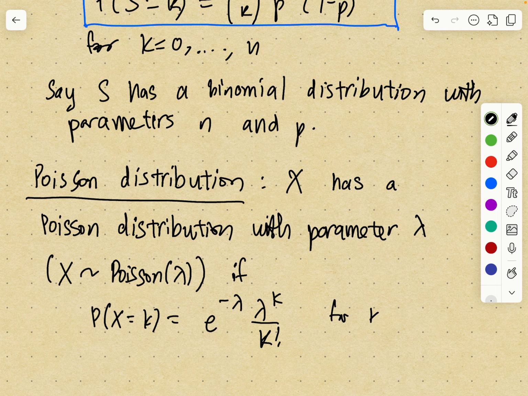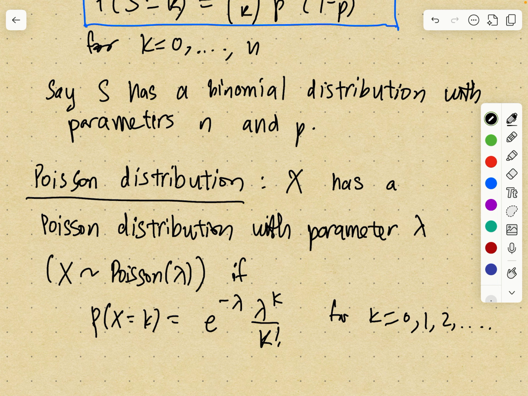This is for k equals 0, 1, 2, and so on. This goes on forever, right? So we don't have an n. We're not doing something n times.